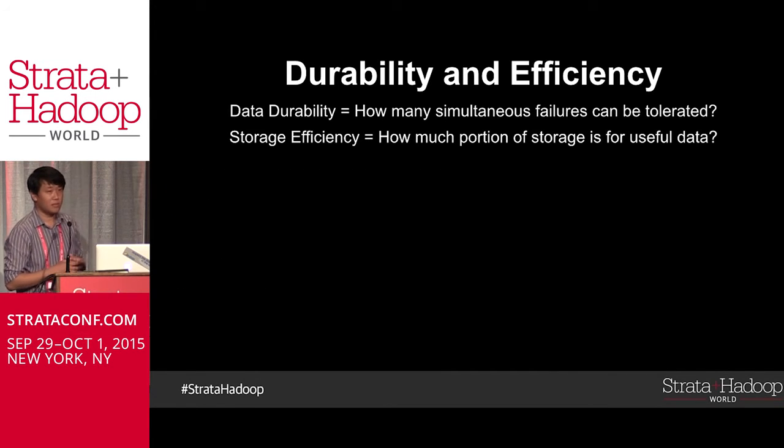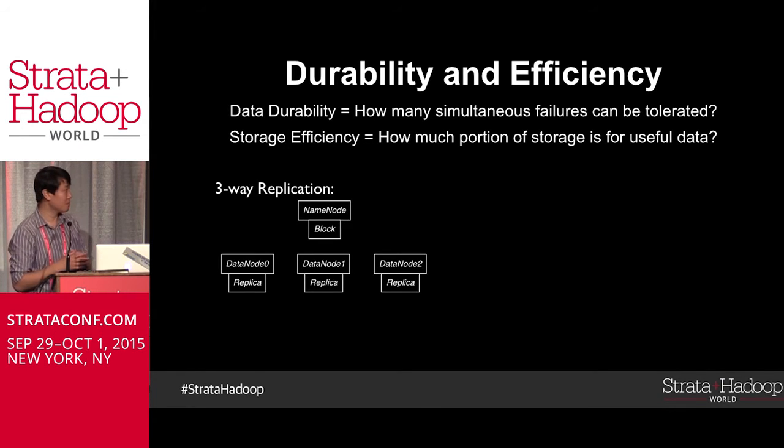So first, to better understand erasure coding, I want to introduce 2 terms. One is data durability, meaning how many simultaneous storage failures can the mechanism tolerate. And the second term is storage efficiency. That means how much portion of the storage space is used for useful data instead of replicas or for high availability. So based on these two terms, the default HDFS 3-way replication stores 3 identical replicas for each logical block.